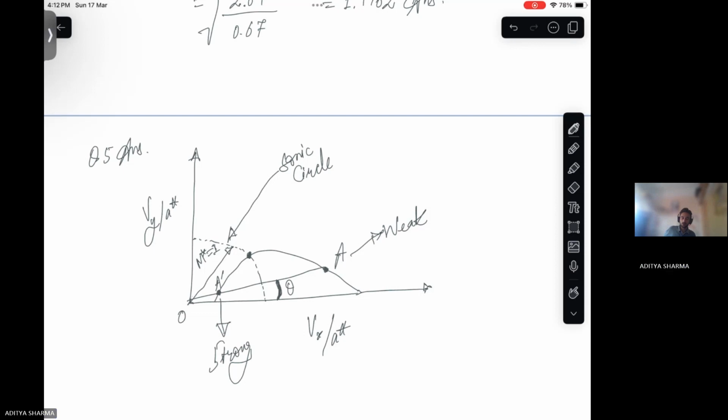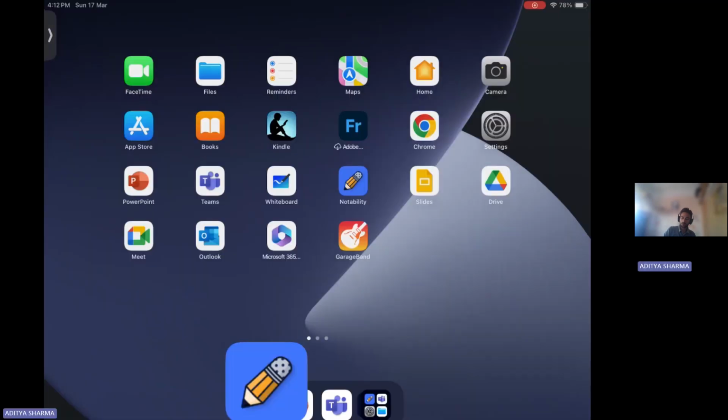But for strong oblique shock solutions behind the shock, the Mach value is less than 1, which is nothing but subsonic, right? So this was a sonic circle, and then there were weak and strong oblique shock solutions.